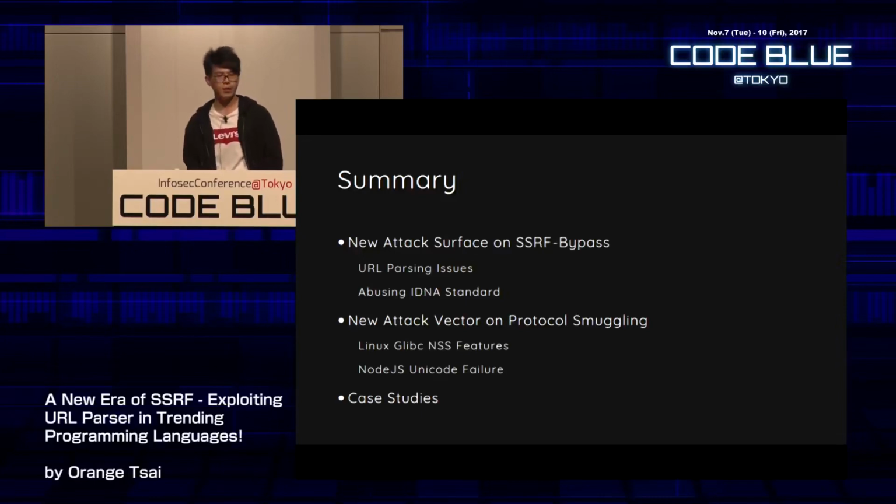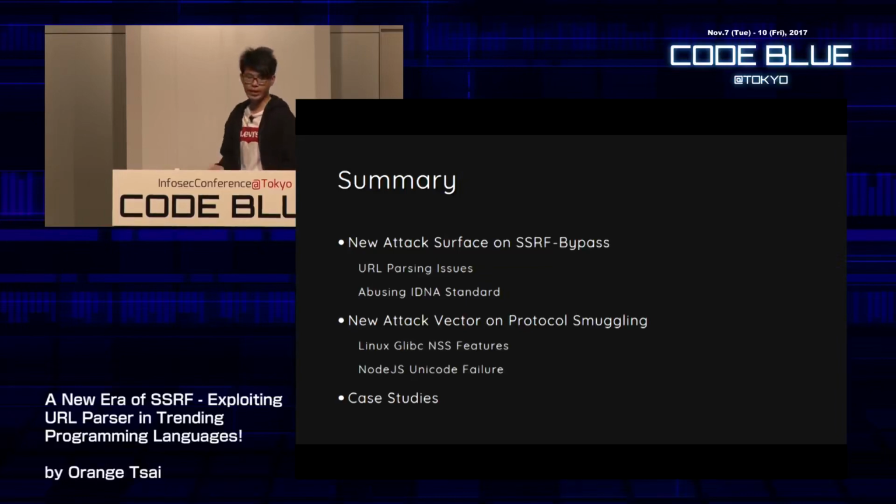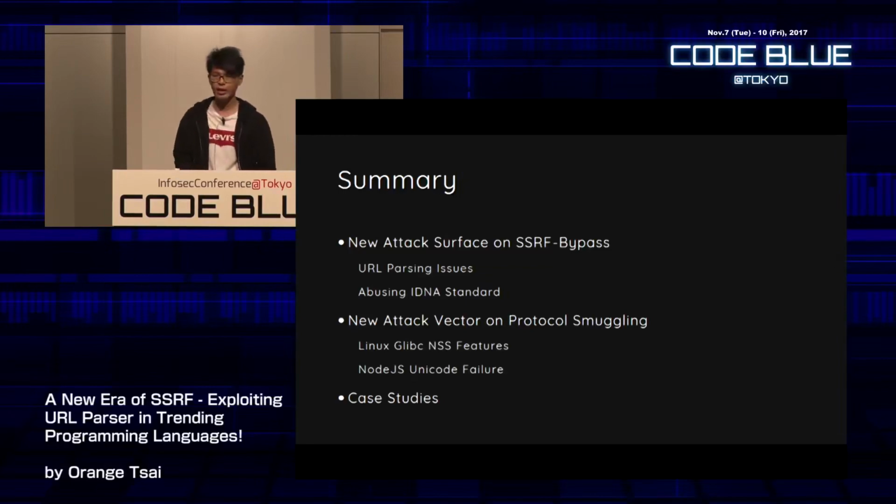We showed the weird feature in Linux glibc and the Unicode failure in NodeJS. These issues can inject malicious payload in a valid HTTP request to bypass the firewall and touch the internal service. The last, we give case studies on Python, MyBB, and GitHub.